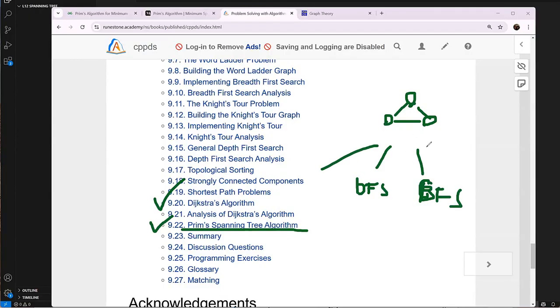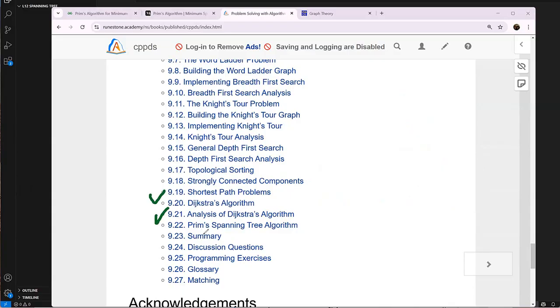Today we add two more. One is the minimum spanning tree, MST, and the other one is Dijkstra's shortest path problem. There are others like strongly connected components, whatever, but those we'll discuss later. Today we focus on the spanning tree part and the shortest path part.